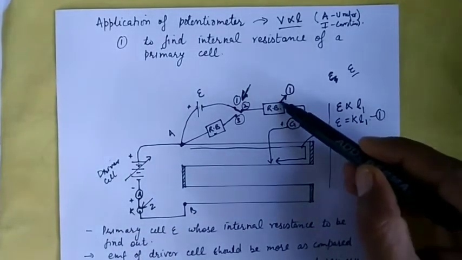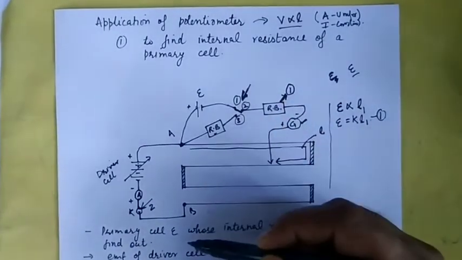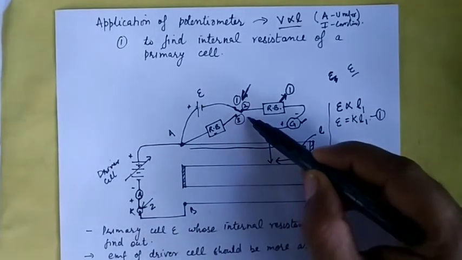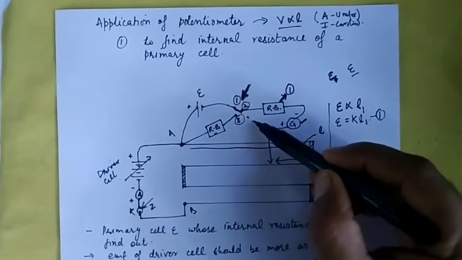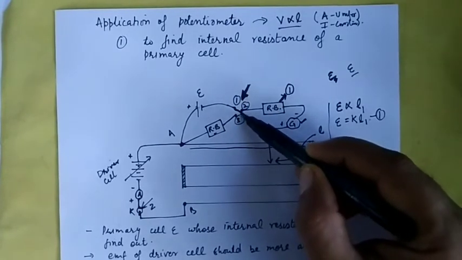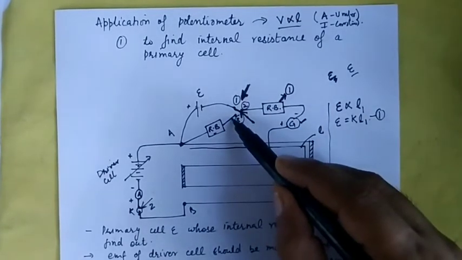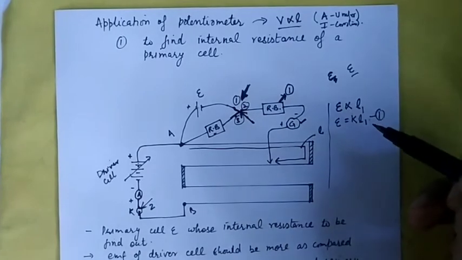Now again, first remove the high resistance key. In the second step, close the main key, keep the key between 1 and 2, and insert another key between 2 and 3. This means that now the resistance box and cell are also connected in the electrical circuit.